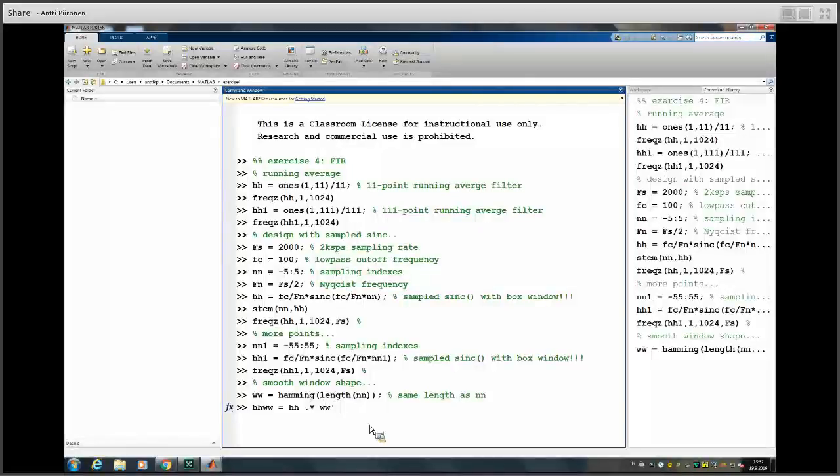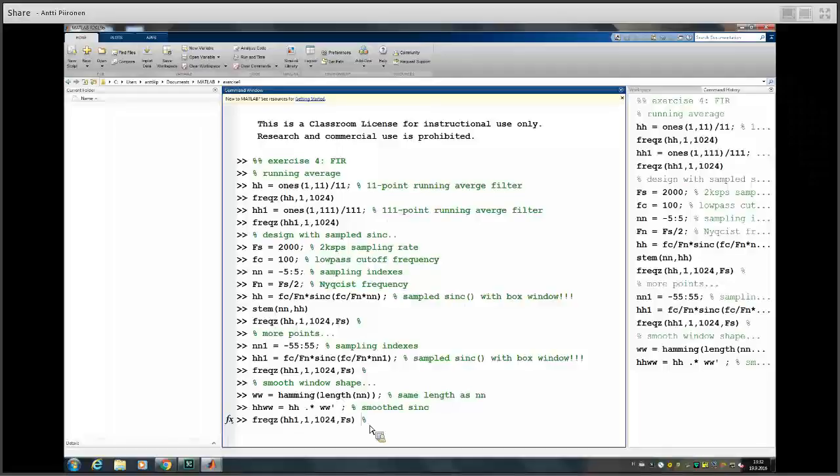That prime there means that the window function returns a column vector. We need to transpose it the same way as the system parameters. That's why we need the prime there. So this is a smooth sink.